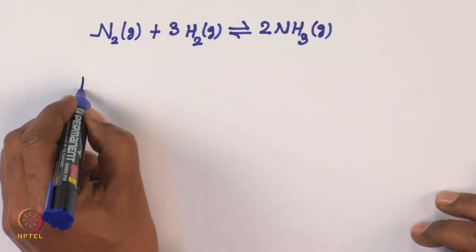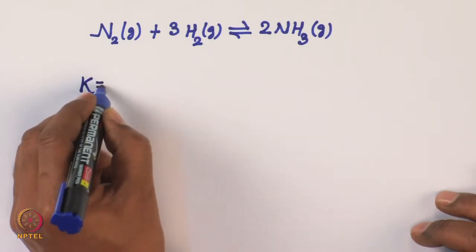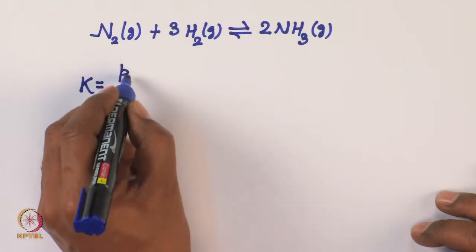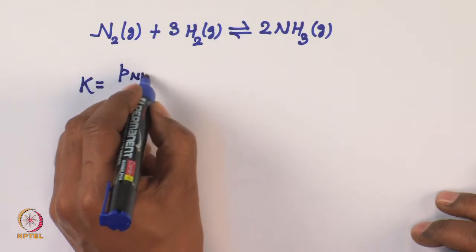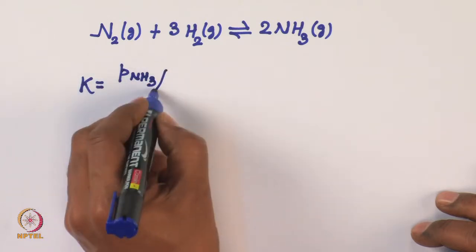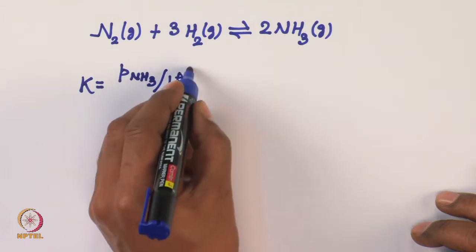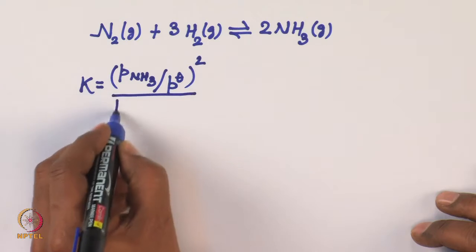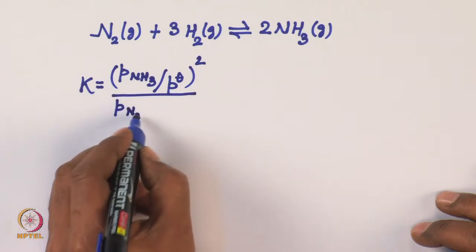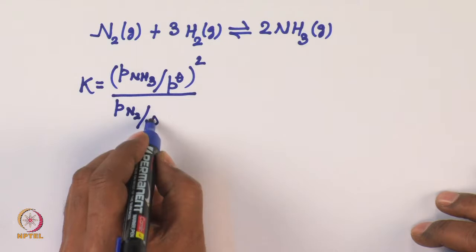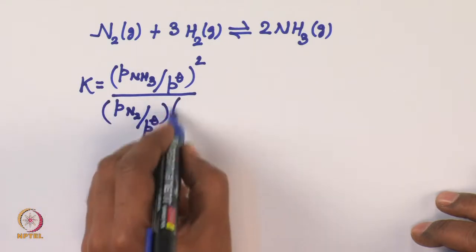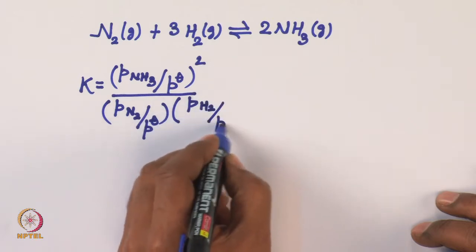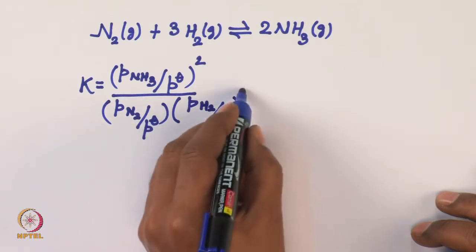As a first step, I will write an expression for K. K will be equal to partial pressure of ammonia by P naught raised to the power 2 divided by partial pressure of nitrogen by P naught into partial pressure of hydrogen by P naught raised to the power 3.